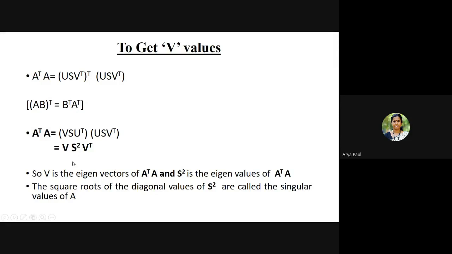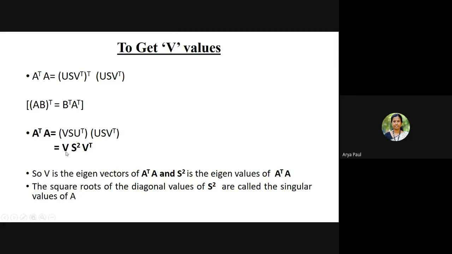Once again, S square is the eigenvalues of A transpose into A. Now you find the square root of this matrix, and you will get the singular values of A. These singular values are very important in the case of SVD, singular value decomposition.